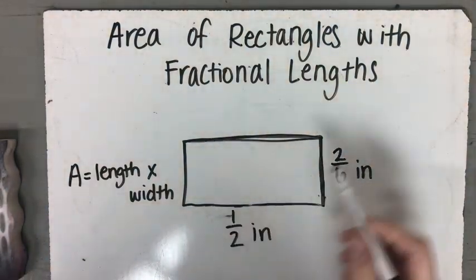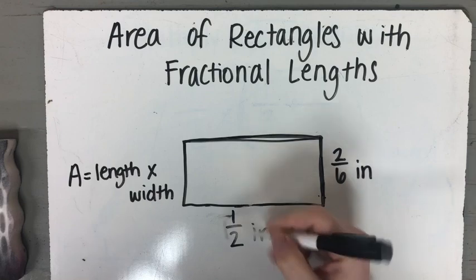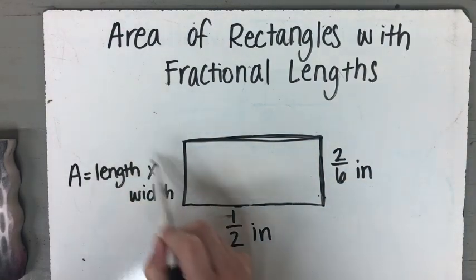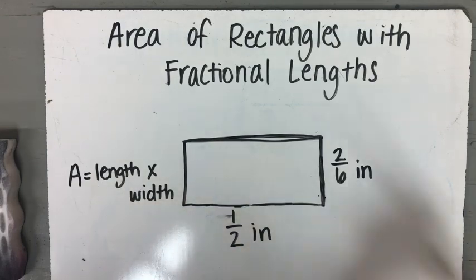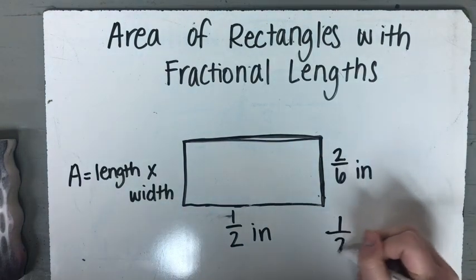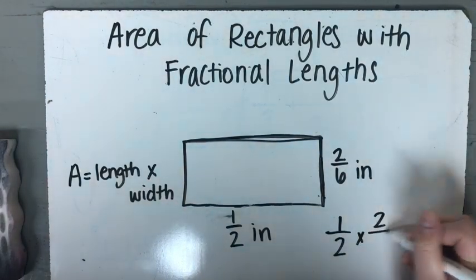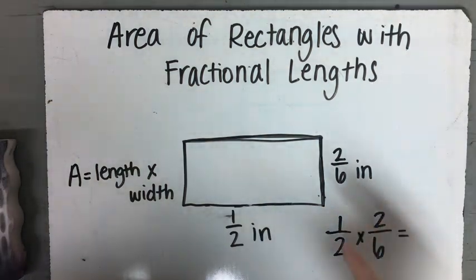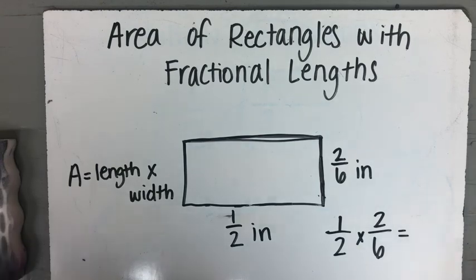So my dimensions of my shape are 1/2 an inch and 2/6 inch. Okay, so you still follow this same process of length times width, and we've been working on how to multiply fractions in order to be able to solve problems like these. So you would just solve the simple fraction multiplication problem.